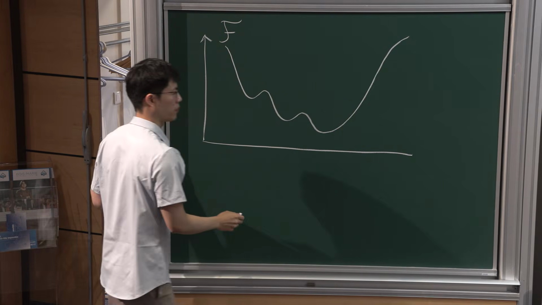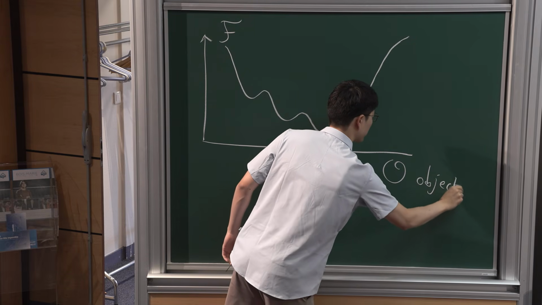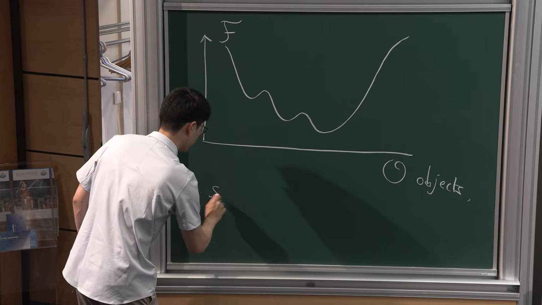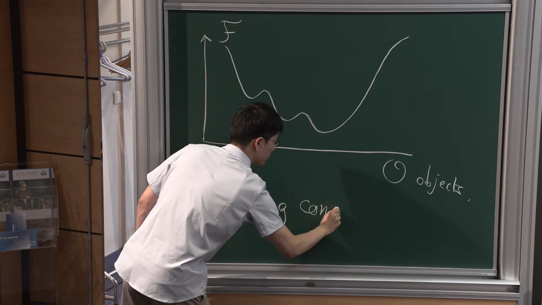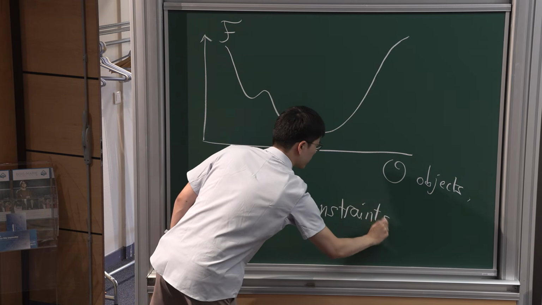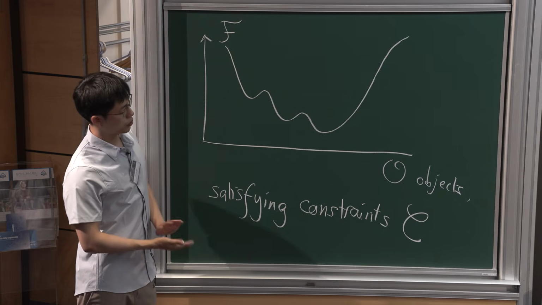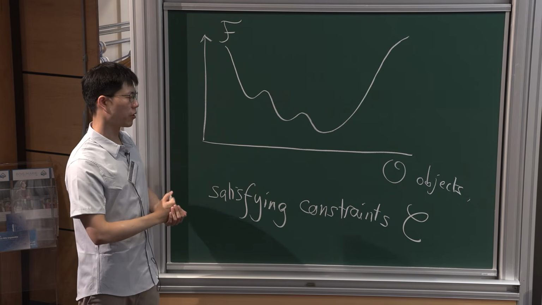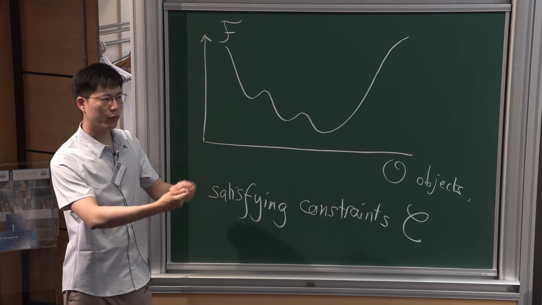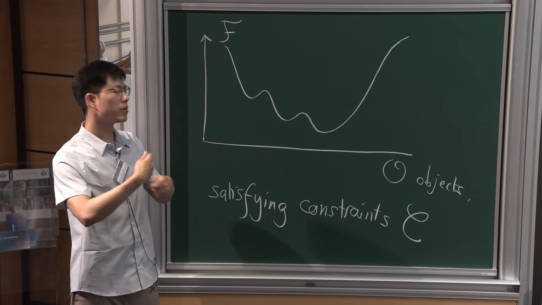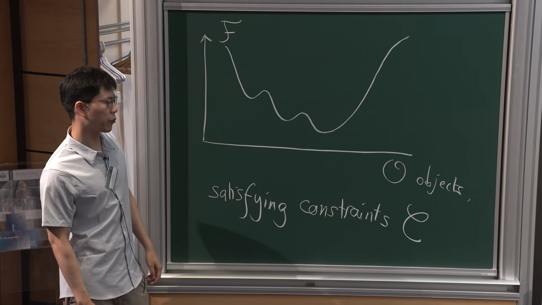And so it's defined on a space of objects, and you want them to satisfy some constraints C. So here, as objects, you can imagine maybe surfaces or a set of manifolds. And as constraints, you can think of, for example, boundary conditions, or maybe a symmetry condition, or maybe a curvature bound condition. All those fit in this general framework.